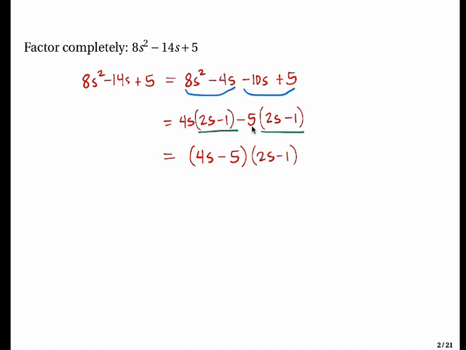So this is the final factored form of the expression 8s squared minus 14s plus 5.